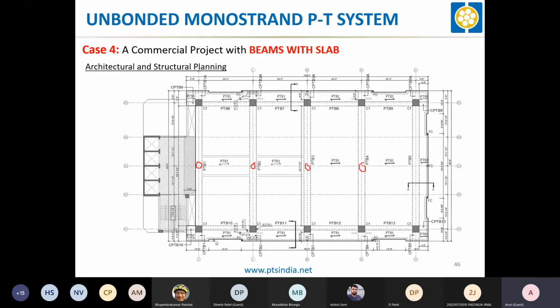At the middle portion of this, there were columns in the initial design, and they had the beam depth as per this column, right? So they didn't have any issue with the depth of the beam. What we did is try to eliminate these columns and match up the same depth, and try to achieve that. It was successfully done, and the client was happy to get rid of this middle column.